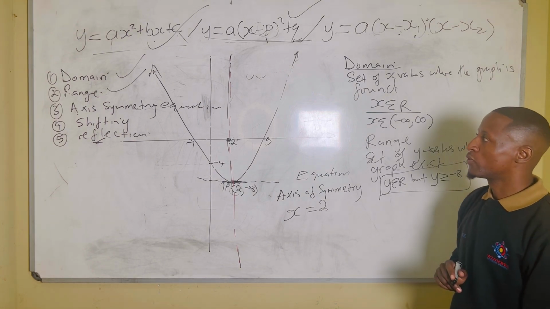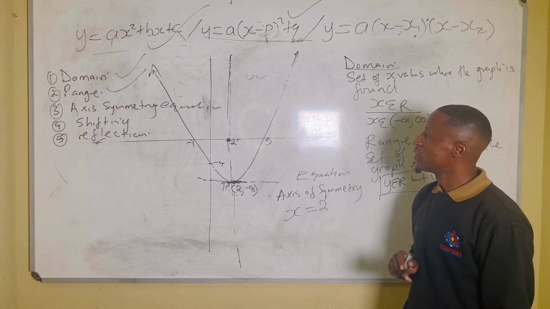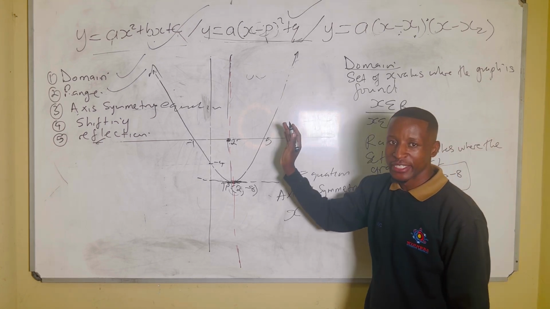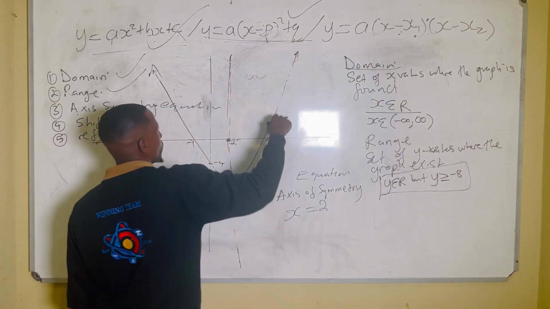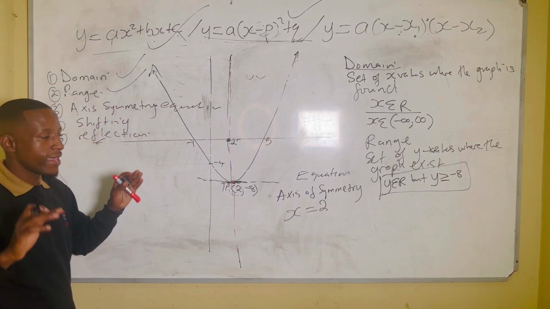Let us now move to the shifting of the graph. Let's assume the equation, because remember I had to sketch this graph on my own from my head.